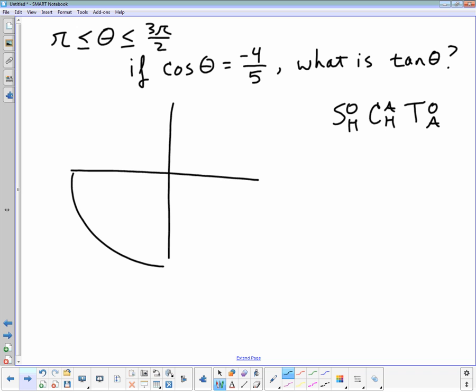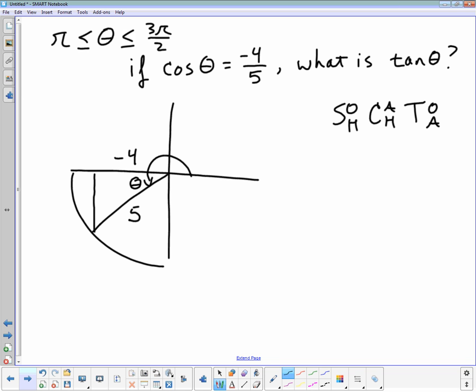So I have a hypotenuse of 5. And my adjacent, because remember my theta goes like this, right? If that's my theta right there, if I look at my reference angle on this triangle, I have an adjacent and a hypotenuse.